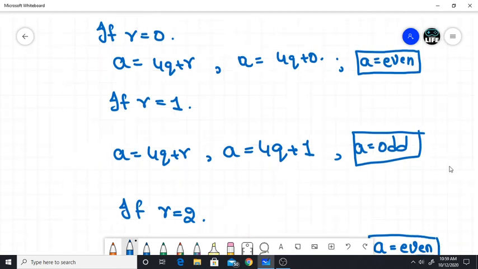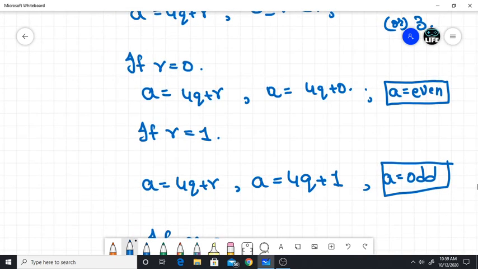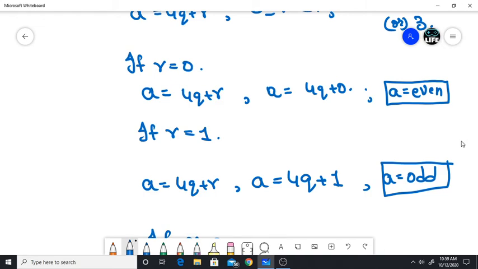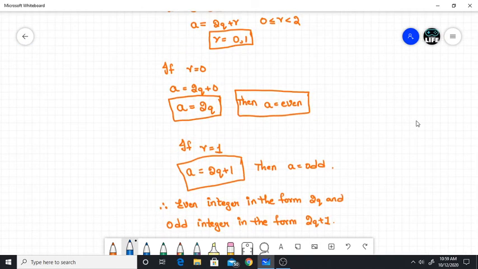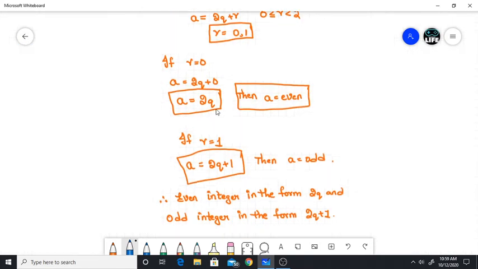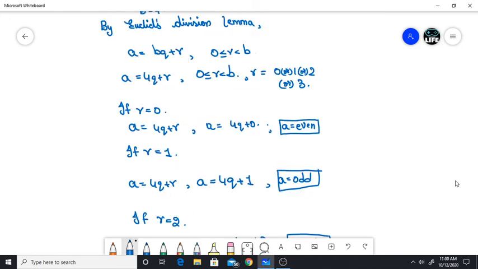Okay, I will tell you in a simple manner. As we have solved the first sum, in the first sum we got 2q is an even number. Let's change every value into 2q. If r equals 0, it gives you 4q plus 0.